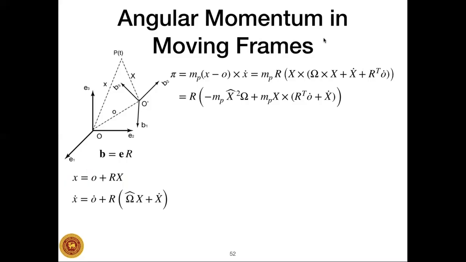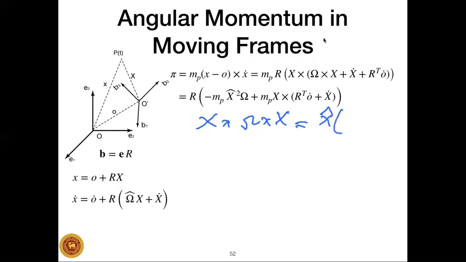Now let's write down the angular momentum of this point. Well, that's defined by this expression over here. Let's write everything down using the B frame quantities. So that's what we have done over here. Now if you look at this term over here, we can write X cross omega cross X, omega cross X as X hat.